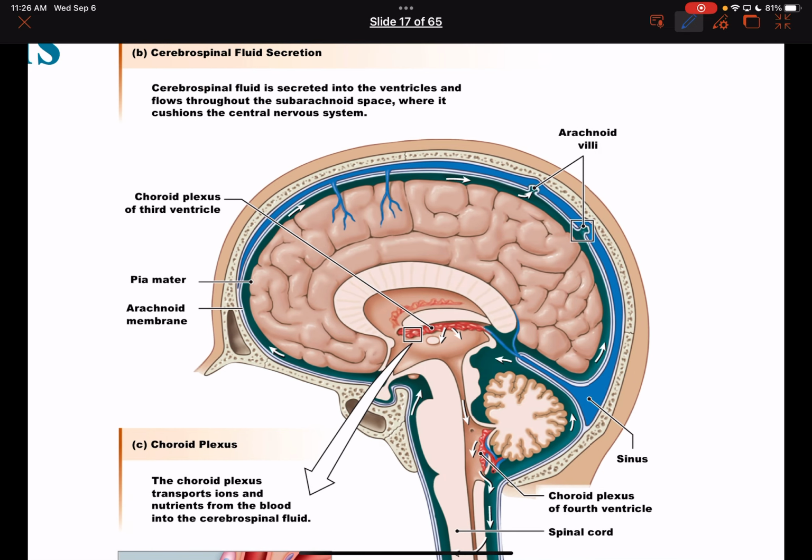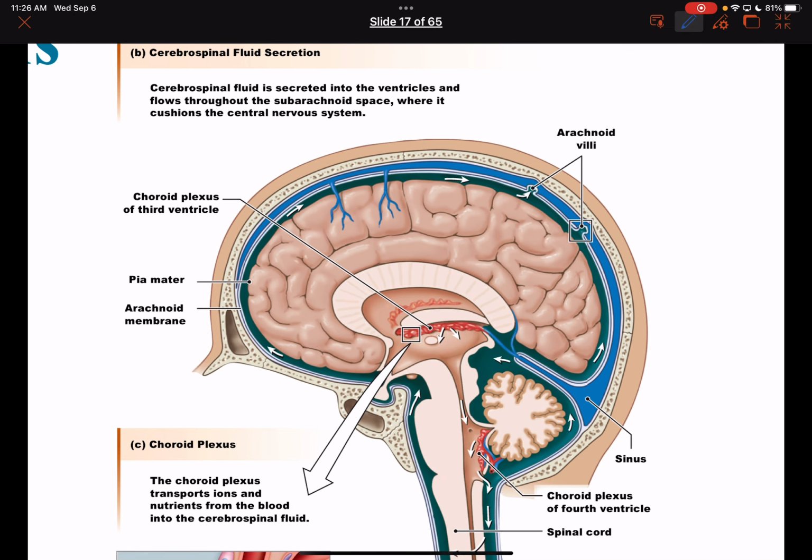We have a couple choroid plexuses to note. You can see one right here. You see that red type substance? That's the choroid plexus. It's found within our third ventricle. And the epididymal cells there are going to make a lot of cerebral spinal fluid, and then it will just join the open spaces that flow around the brain.